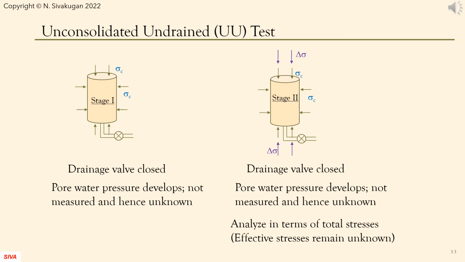Unconsolidated undrained test is the quickest of all tests but is for a different purpose. You cannot determine C' and phi' from here. Since the pore water pressures are not measured, effective stresses remain unknown.